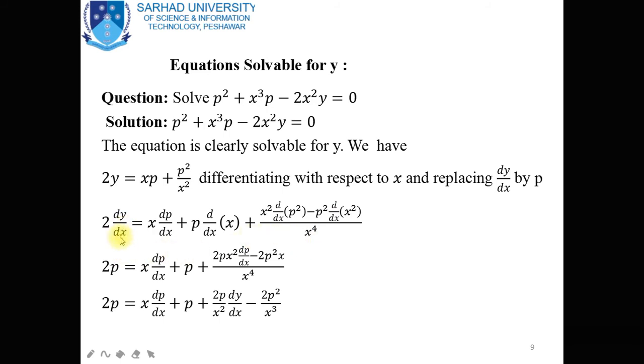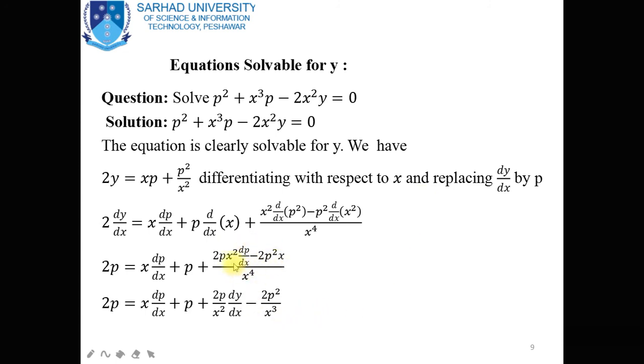Now we obtain dy by dx is actually equal to p, so 2p is equal to x into dp by dx plus p, derivative of x with respect to x is 1, and plus 2p by using the chain rule, 2p into x square, and again derivative of the base dp by dx minus p square, and derivative of x square with respect to x is equal to 2x divided by x power 4. Now we can write 2p is equal to x into dp by dx plus p plus 2p by x square into dy by dx minus 2p square divided by x cube.